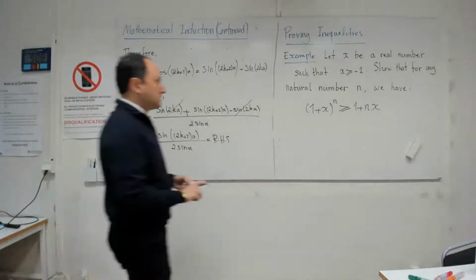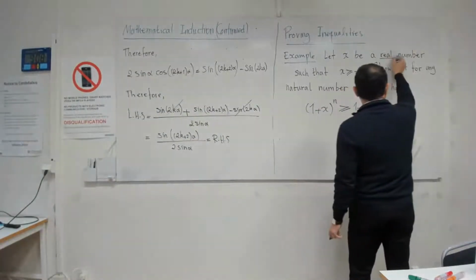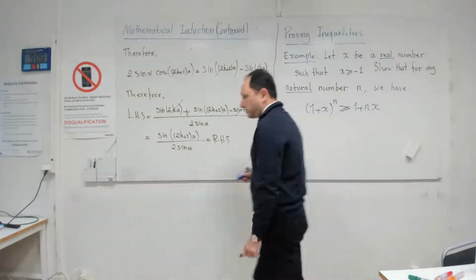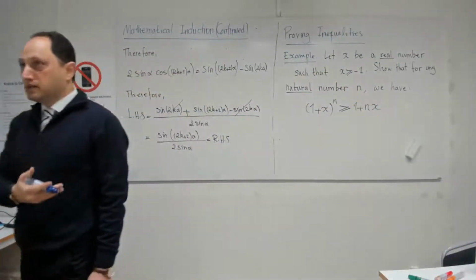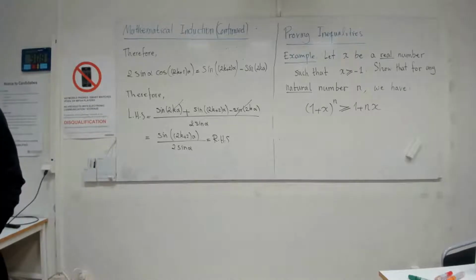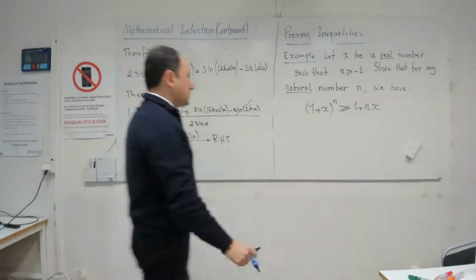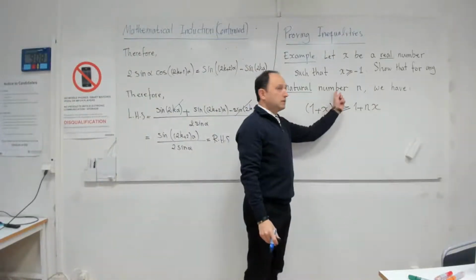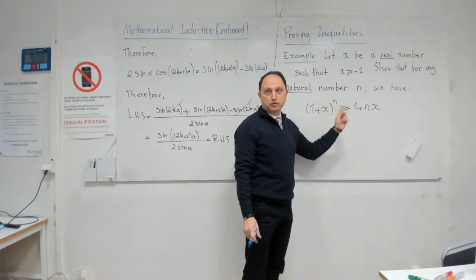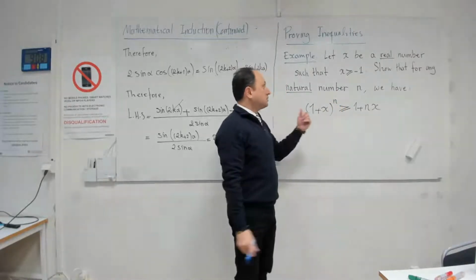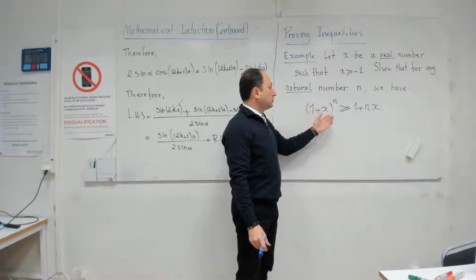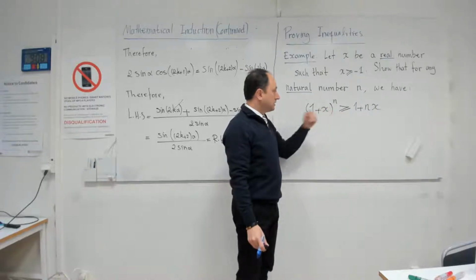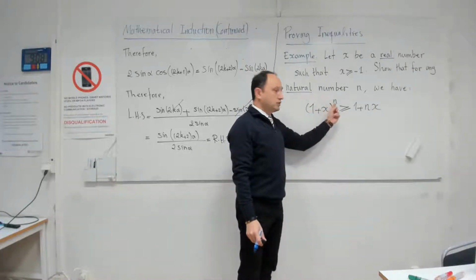So let me emphasize that here I have mentioned that x is real, but n is natural. So can I use mathematical induction to show this problem? Might be, but I know that I have to use mathematical induction on a natural number. So if I want to choose mathematical induction as a tool to prove this inequality, I have to use induction on n.